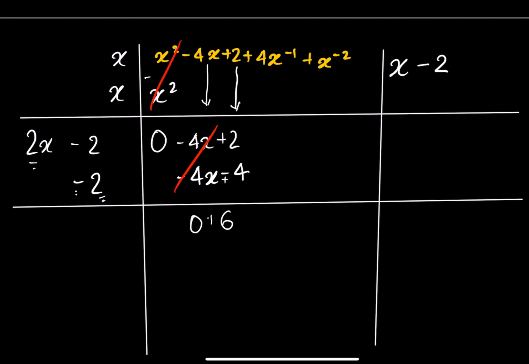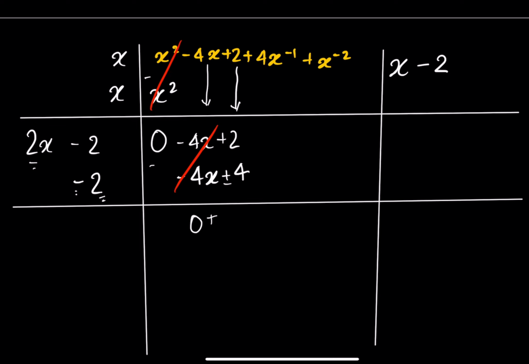But over here, this isn't a minus sign, because I think I made a mistake over here. Negative 2 times negative 2 is positive 4. And since there's a minus sign over here, we change the positive 4 to a negative 4.